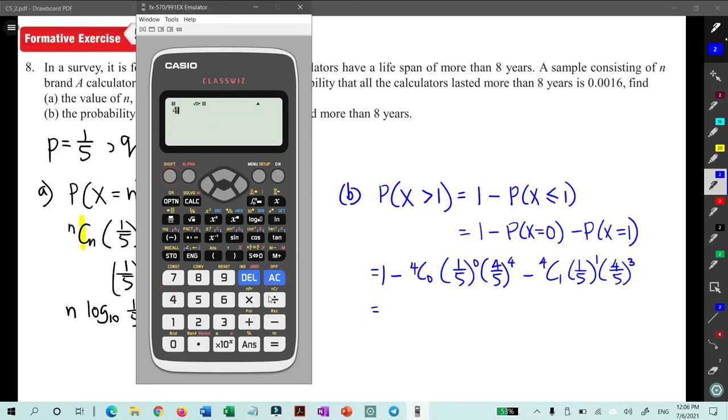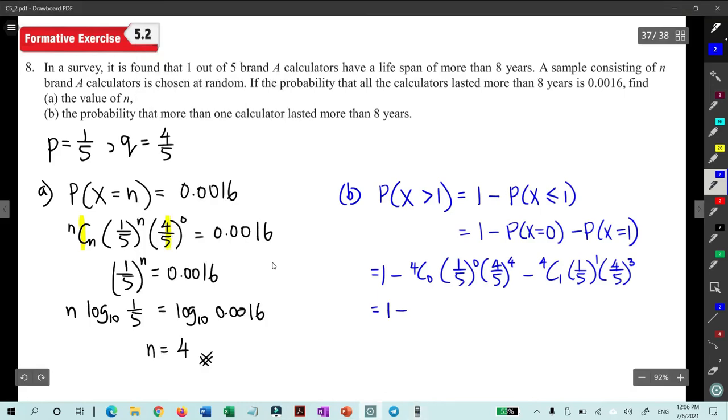For nCr, let me use x, multiplied with 0.2 to the power x. I replace 1 over 5 with 0.2, times 0.8 to the power of 4 minus x. Okay, calc. When x is equal to 0, the value is 0.4096.